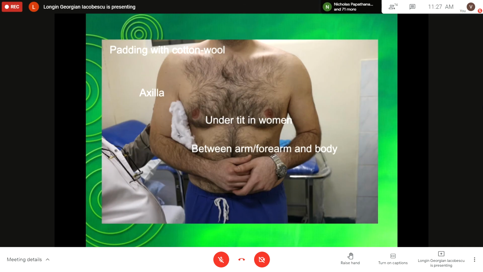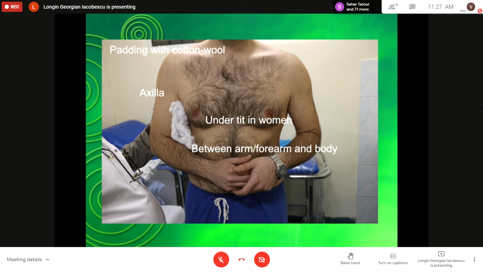When you have to manufacture your own Desault bandage, you must put padding with cotton wool in the specific places, like the axilla, under the breast, and also between the arm, forearm and the body, because when skin touches skin, that can lead to the appearance of some specific lesions.